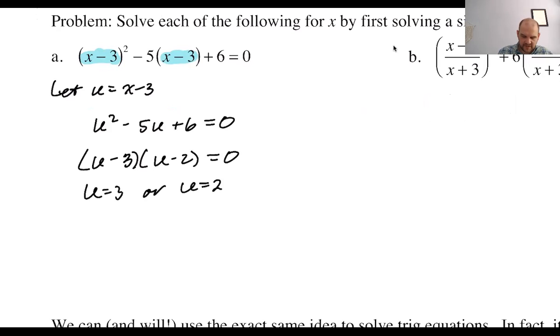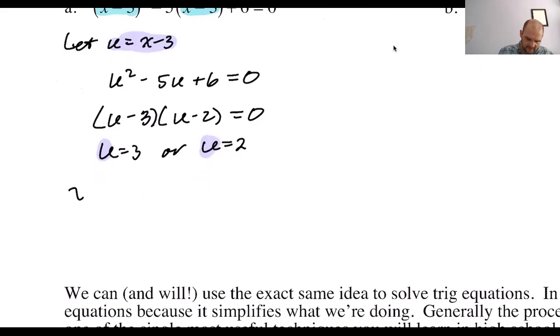But u is equal to x minus 3. So really what we're saying is that x minus 3 equals 3, so x equals 6, or x minus 3 equals 2, so x equals 5.